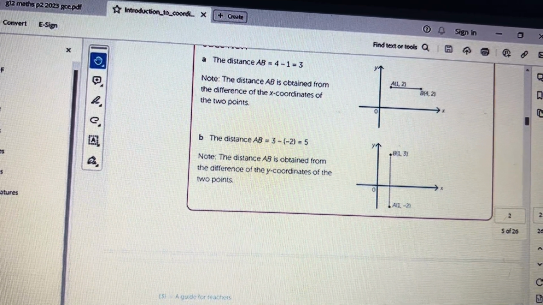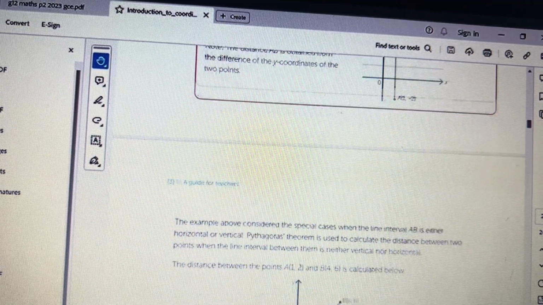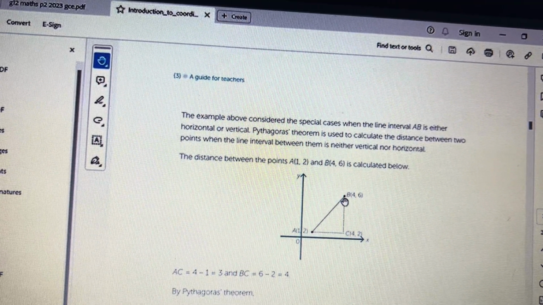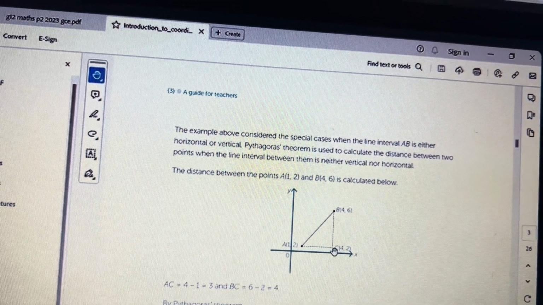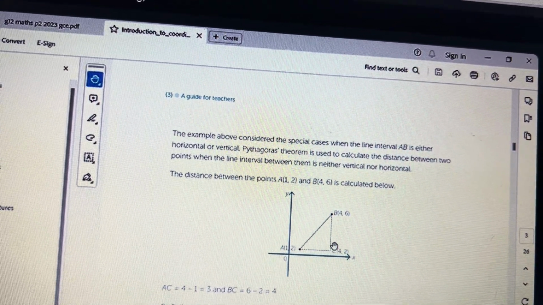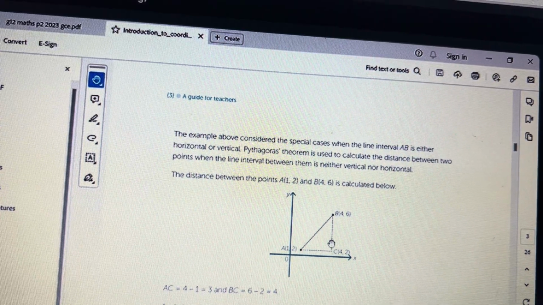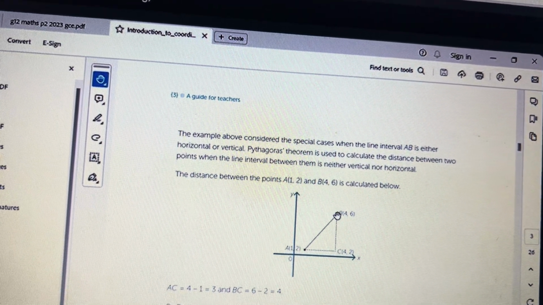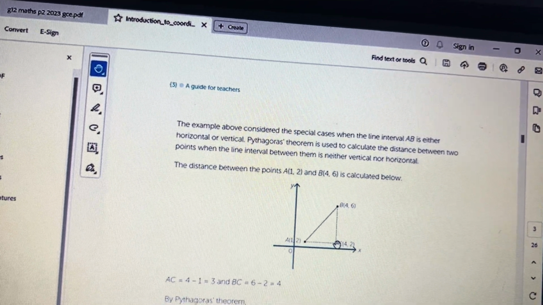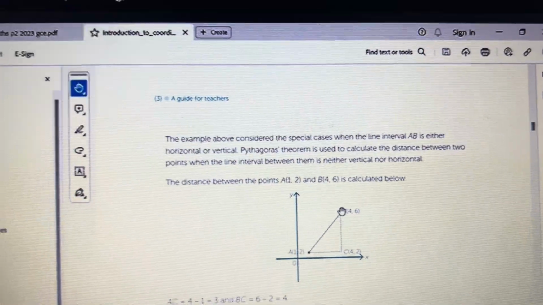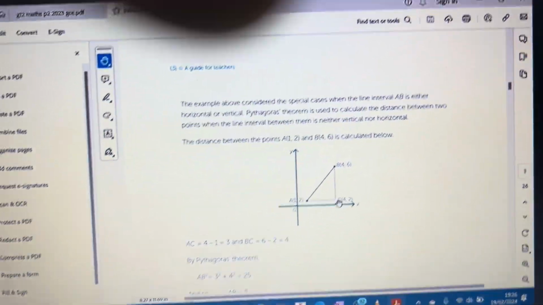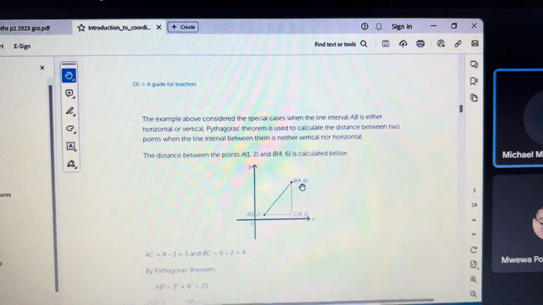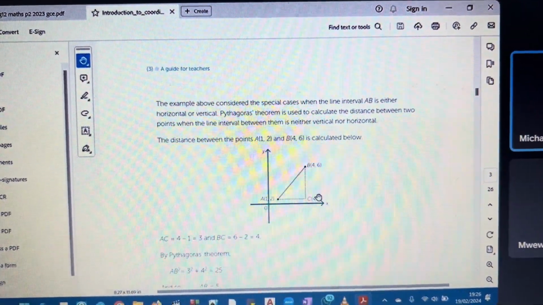So we see that if we look at this point here and this imaginary point down there, they lie in the same line. So if we see there's only change in the y-axis, the x-axis is constant. So for us to get the distance from here to there, we just subtract the y coordinates.